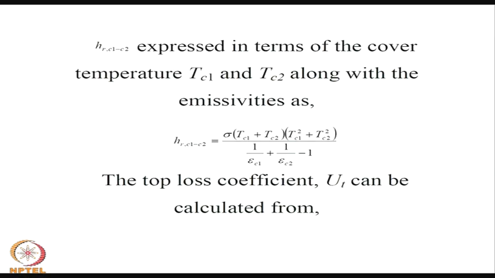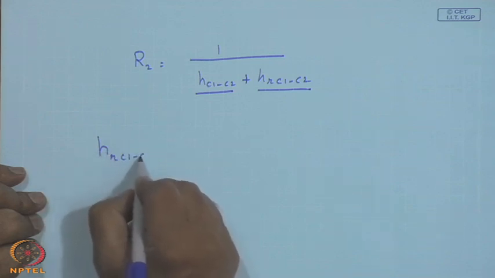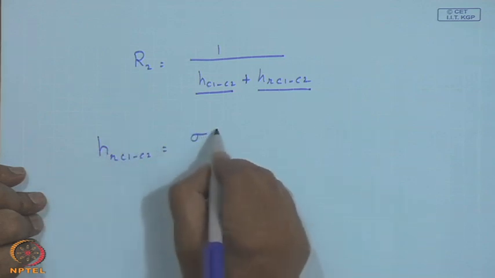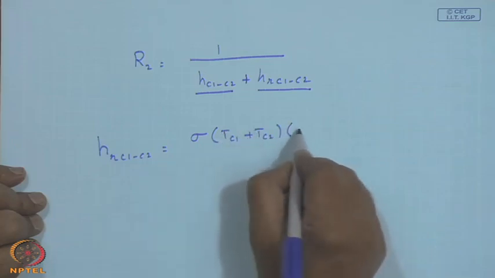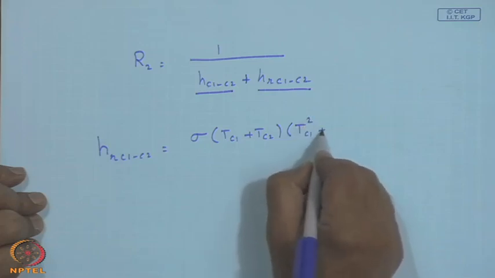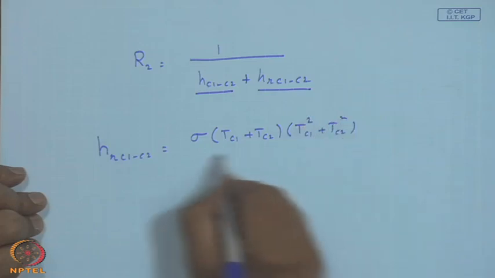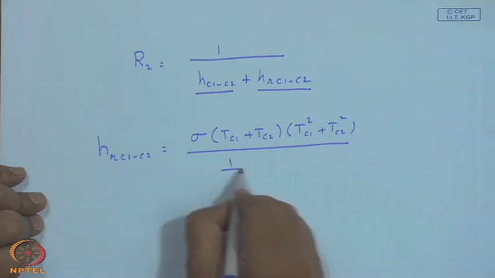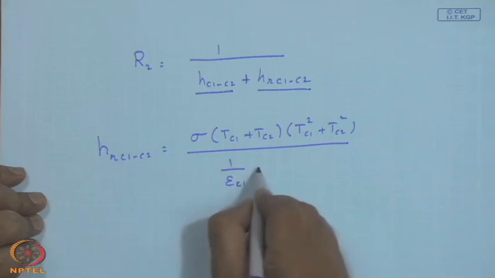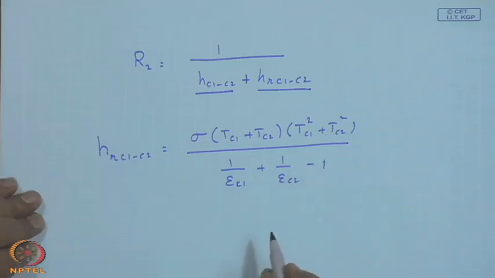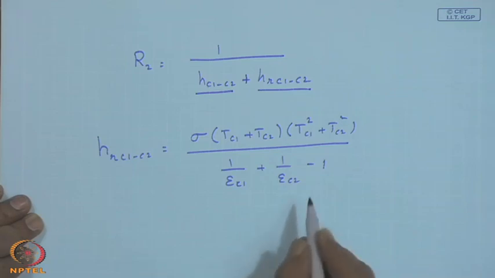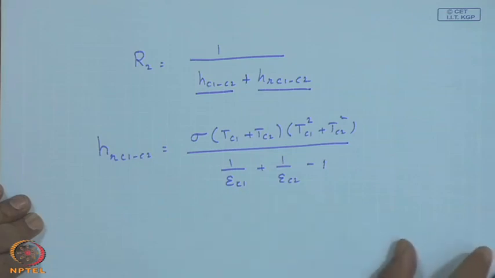So, you can again write HR C1 C2 as sigma times Tc1 plus Tc2 times Tc1 squared plus Tc2 squared upon the corresponding emissivities. This is exactly similar to HR P C1, where we wrote T p plus T C1 into T p squared plus T C1 squared.